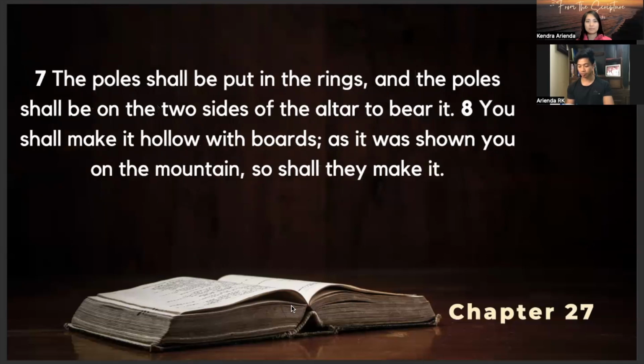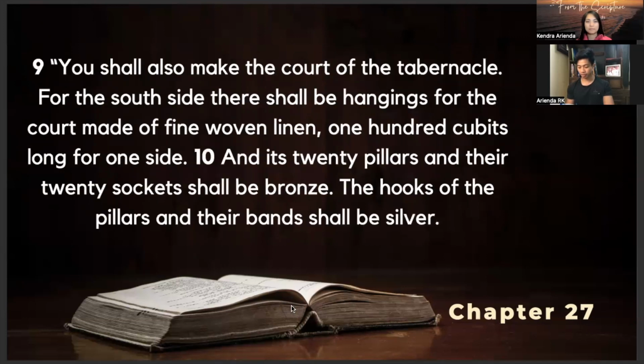The poles shall be put in the rings, and the poles shall be on the 2 sides of the altar to bear it. And you shall make it hollow with boards, as it was shown you on the mountain, so shall they make it. You shall also make a court of the tabernacle.